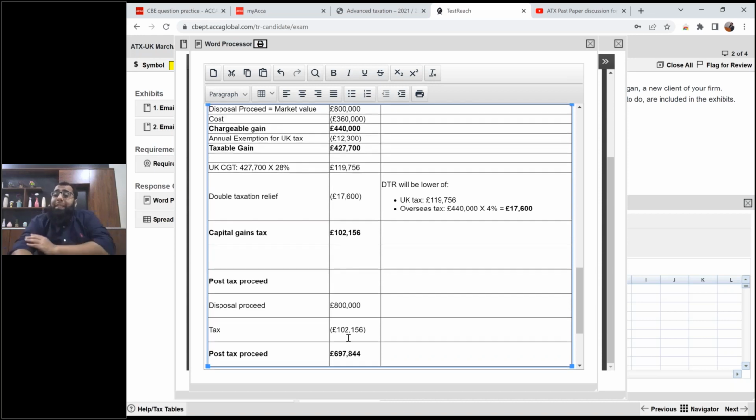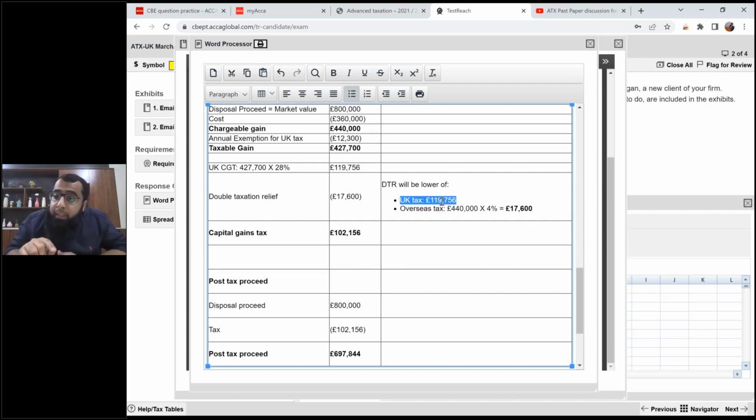Now, one student has asked a question, sir, if there would be a treaty, then what would have happened? Like when there is no treaty, we calculate DTR at the lower of. But if there would be a treaty, then what would have happened? See, what you need to understand is that a treaty is the agreement between two countries. When we use the word double tax treaty, it is the agreement between two countries.